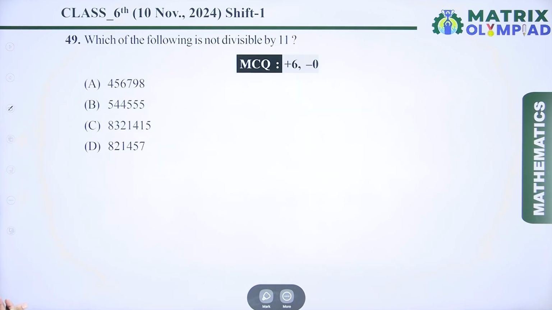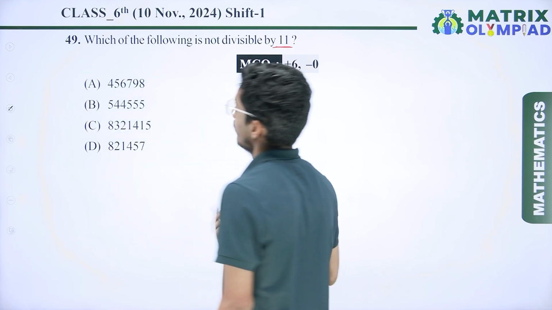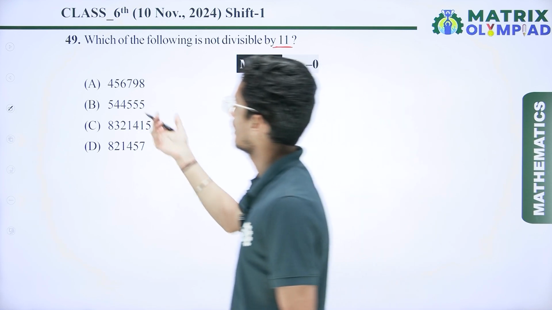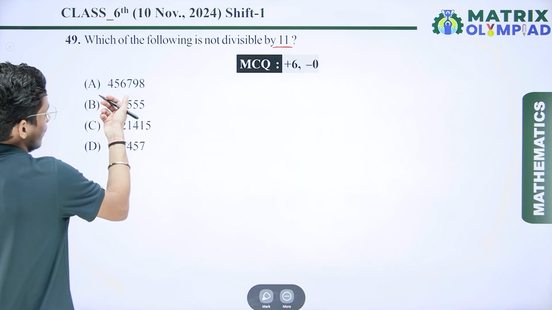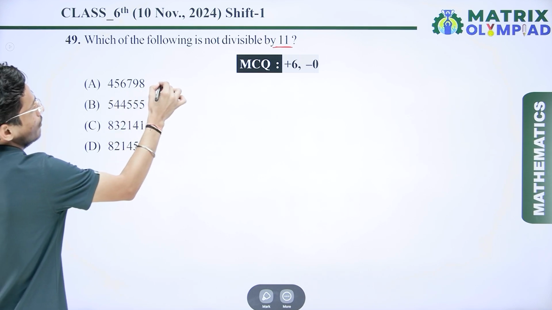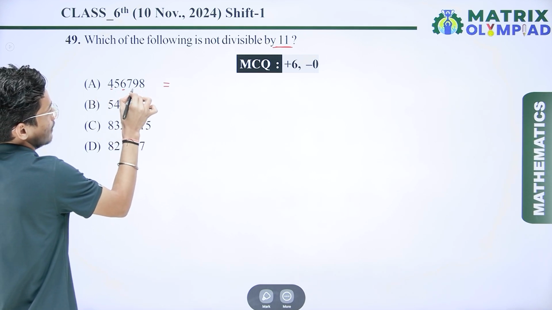Now the next one: which of the following is not divisible by 11? We know the rule of divisibility of 11. First we add the odd places numbers, then we add the even places numbers, and then we subtract. So here first 4, 6 and 9.